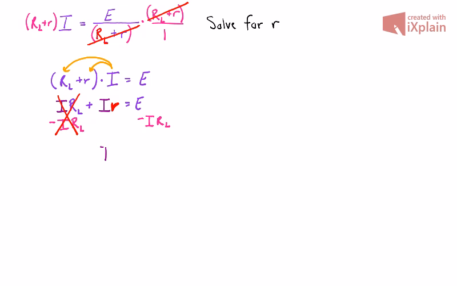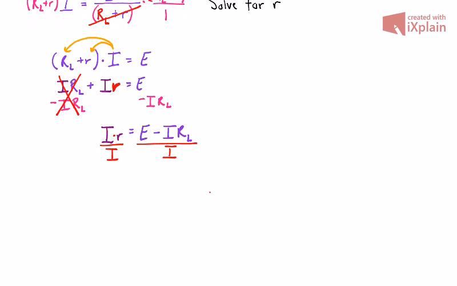This is going to leave me with capital I times lowercase r is equal to capital E minus capital I times capital R sub L. So notice now that the only thing that is standing in my way is the multiplication between the capital I and the lowercase r. In order to break it, how do we undo multiplication? And hopefully you are saying, well, you would divide it. So we will divide both sides.